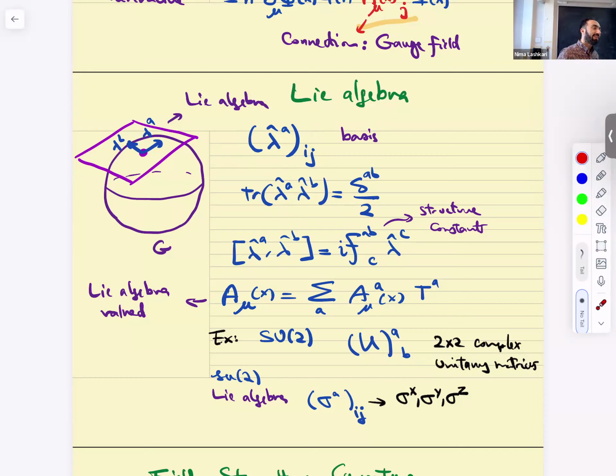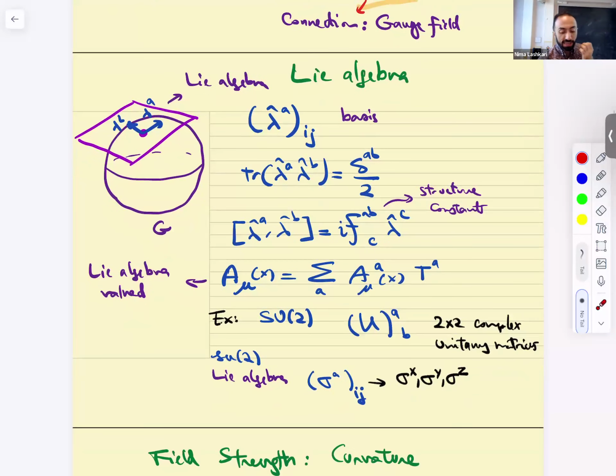Last lecture I used the index A for ij's for a second, and that was a little bit confusing, so I retracted it instantly. So I try to clarify, right? Every time I write lambda^A, that's a matrix. And then it's a Lie algebra. So the Lie algebra will tell you that there is this commutator property, this antisymmetric thing, the coefficients of which are called structure constants of the Lie algebra, right? Everything about the Lie algebra is encoded inside the structure constants.